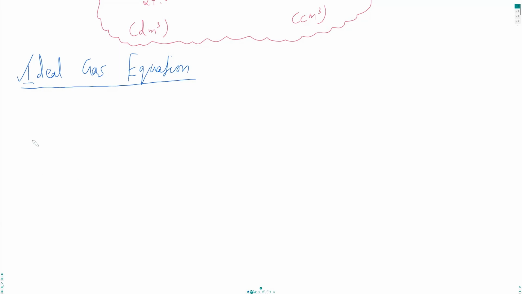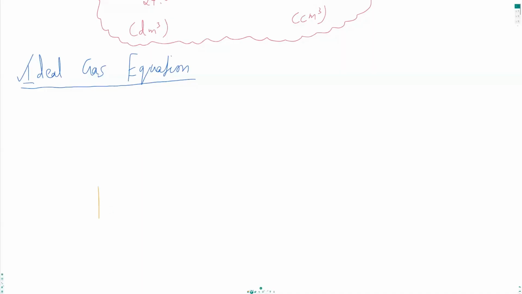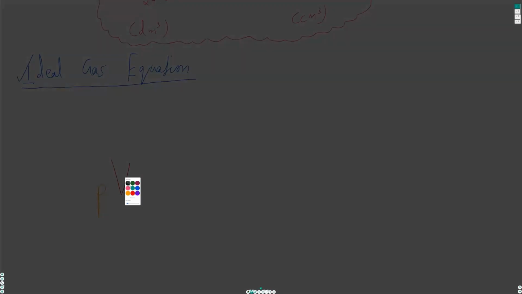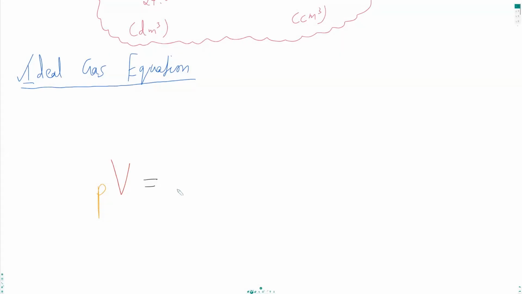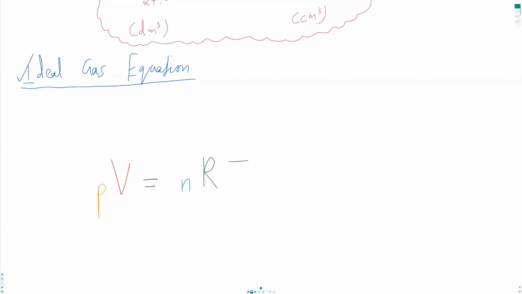I'm going to write it in separate letters to make it stand out: P, V, equals n, R, T. So this is the ideal gas equation.